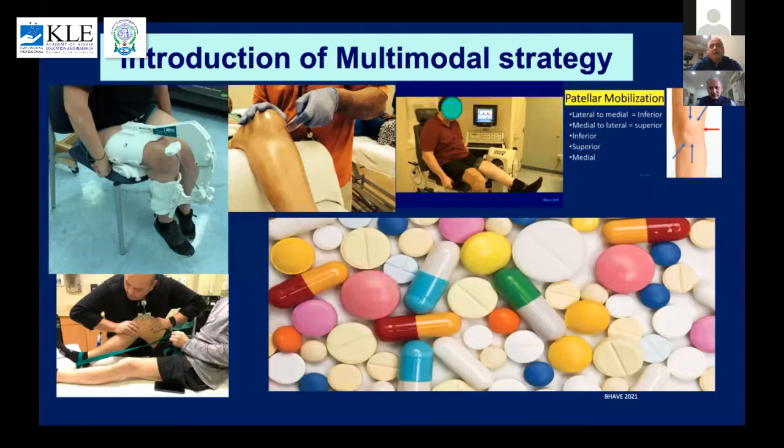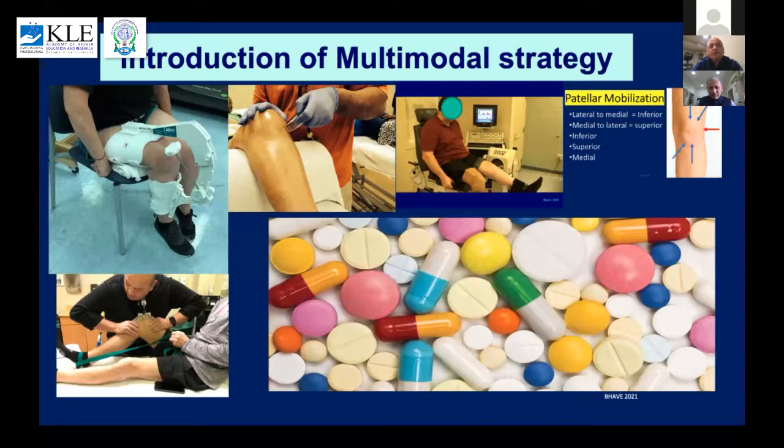I think the philosophy has to change, where we have to do more than one thing to get patients' results. The other thing we have to understand is that a lot of the recovery happens at home on their own. And we have to be able to give them devices, gadgets, and a home exercise program that will be effective in treating the patient's knee joint dysfunction.